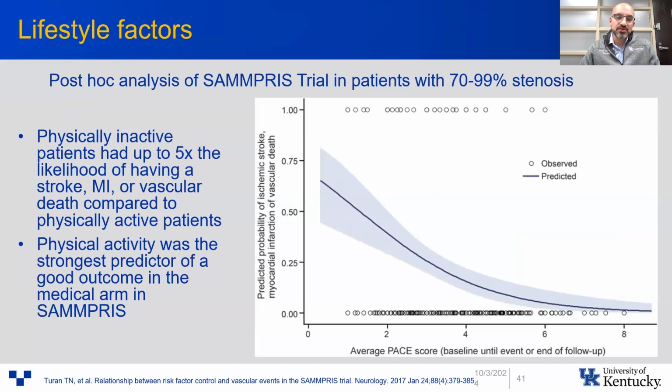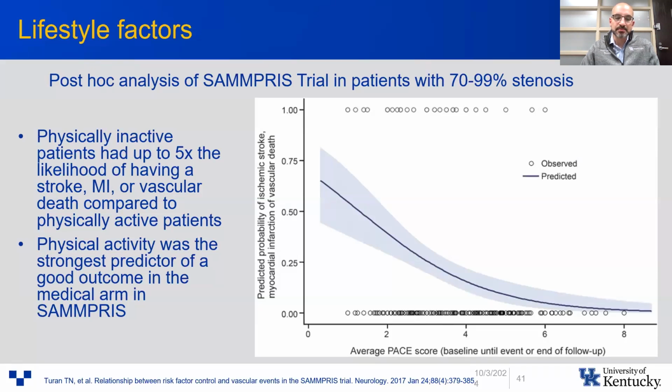A very big factor that we recently brought into consideration, and this is from the SAMMPRIS trial, a fan favorite of the residents here which we like to invoke in a lot of our stroke alerts, is physical activity. A post hoc analysis of the SAMMPRIS trial, which was symptomatic intracranial stenosis with patients having more than 70%, so high-grade stenosis, found that physical activity was the strongest predictor of a good outcome in the medical arm.